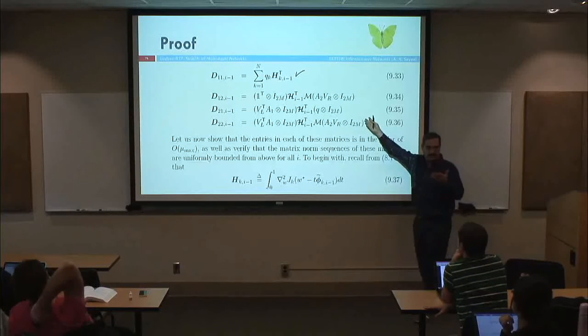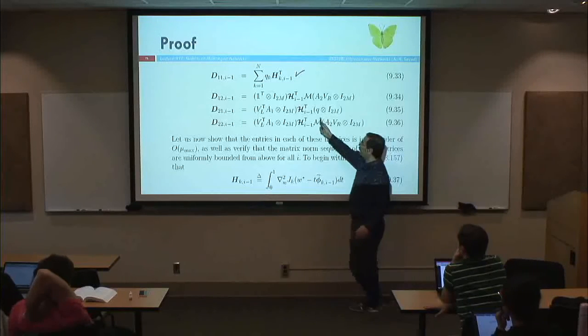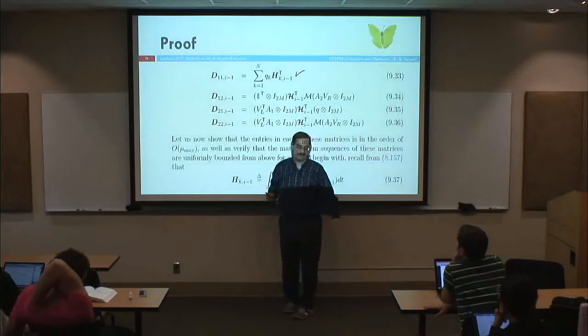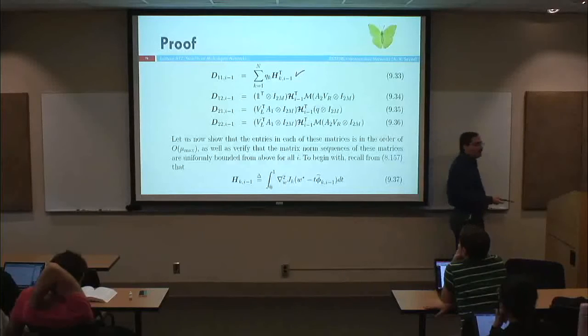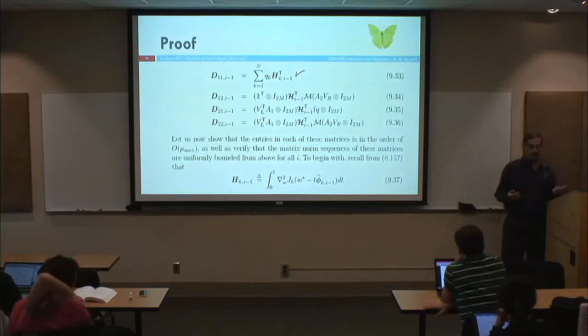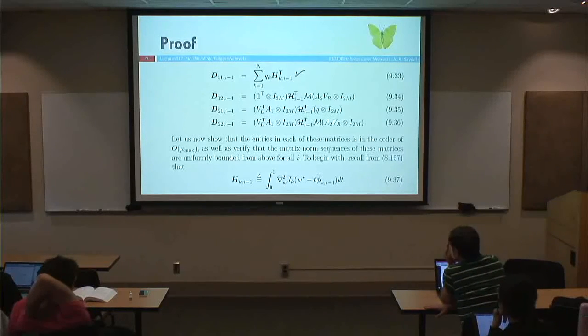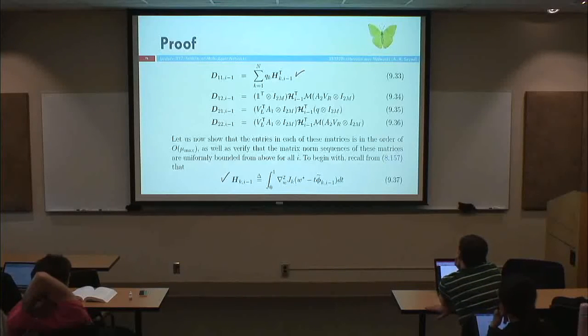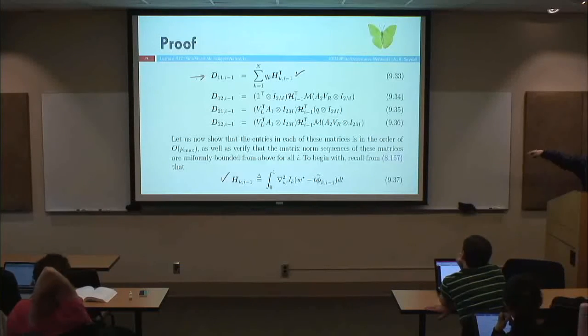I would bore you if I do that, but just saw the first one, right? Why am I writing the expressions? Because I want to show they are of the order of mu. And I'm reminding you here of the definition of H, correct so far? So let me show you first that this is of the order of mu, and then similar arguments you can apply to the other three.